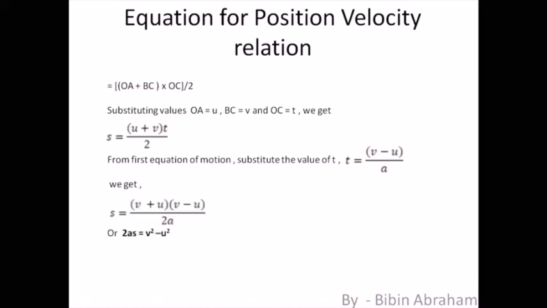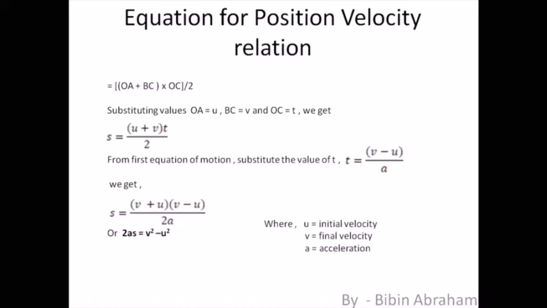So when I substitute this value, I will get S is equal to V plus U, V minus U upon 2A, right? So here V plus U, V minus U, यहाँ आपका जो आइडेंटिटी है वो लग जाएगा a plus b a minus b वाला, and this will become v square minus u square, and your 2a by a cross multiplication it will go on the other side. So the final equation that you will get will be 2as is equal to v square minus u square.